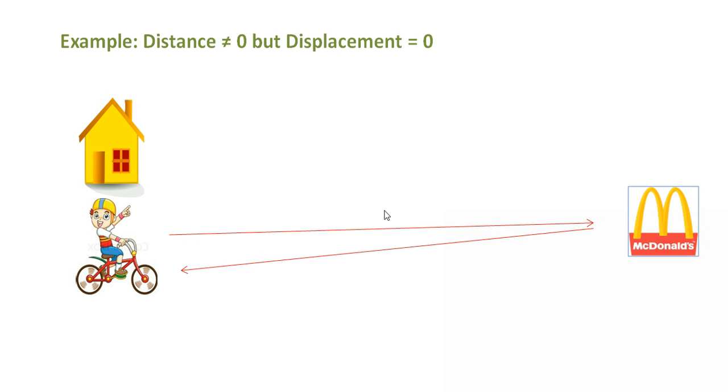First, he's at home, say at point A. Then he reaches McDonald's, say B, and then comes back again home. It means he comes back again to A. Now the total distance would be first A to B, then B to A. It means AB plus AB, and that will be 2 times AB because he's covering the same path twice. So this is our distance, and it's not equal to 0.